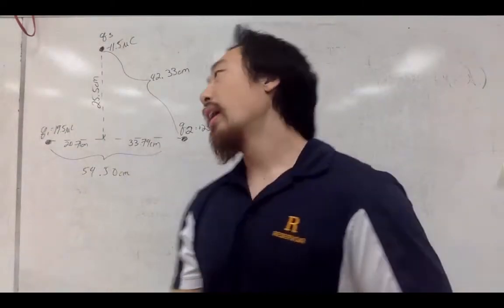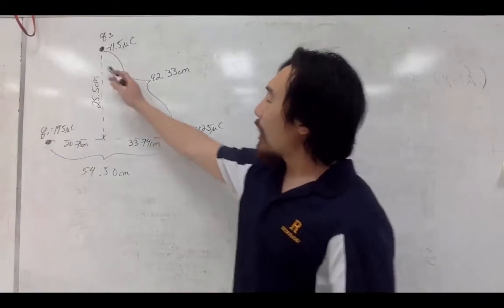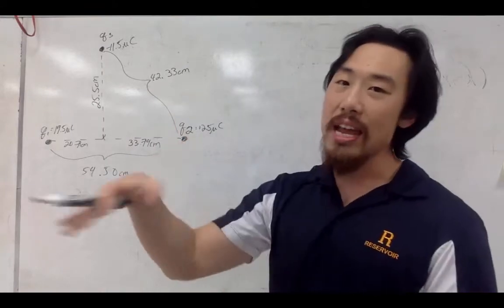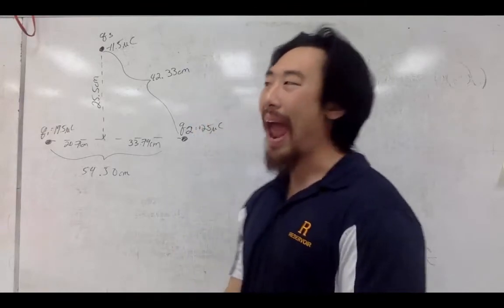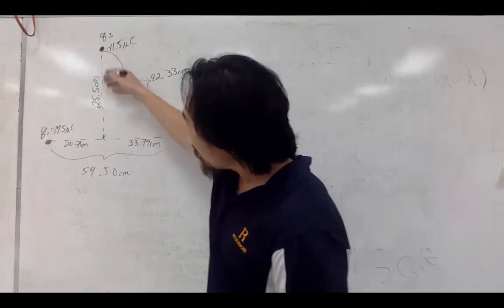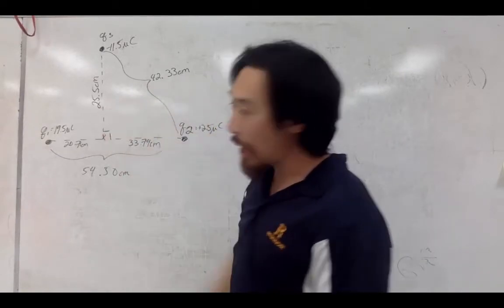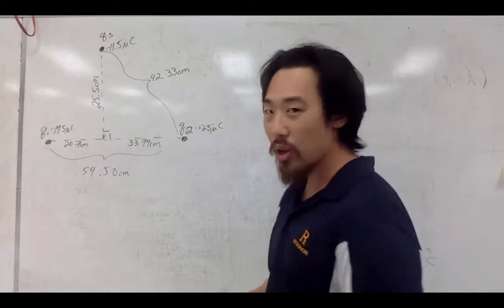Okie dokie. That's nice and dandy. But what we also want to know is, I know that charge 3 and charge 2 are going to create a force that's going to be in the x and the y axes. And so in order to solve for anything in the x and the y axes, angles are important. From this length to this length, we have a right angle. We have all three sides of a triangle, so if we use our trig functions, we can figure out what the angles are.